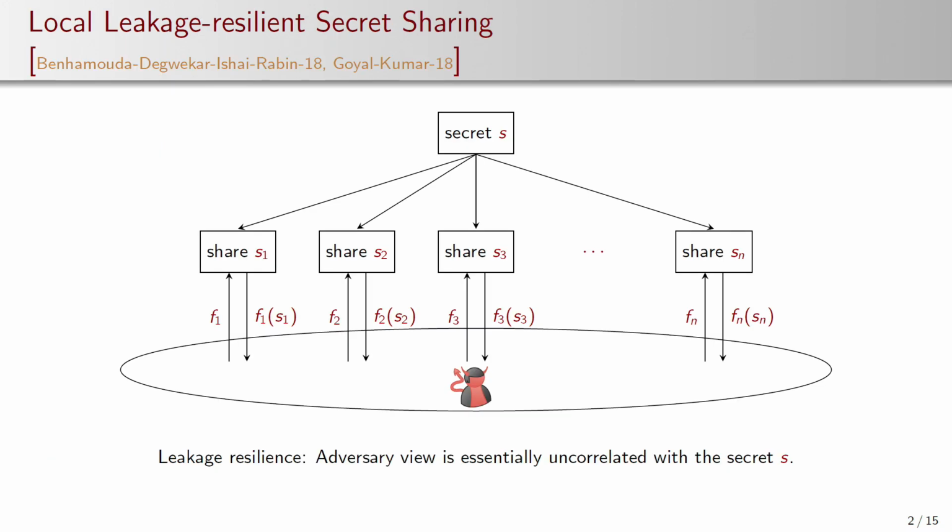To capture that concern, in Crypto 2018, Benhamouda, Degwekar, Ishai, and Rabin formally introduced the local leakage model. In this model, the adversary can get independent leakage from every share. Now, the scheme is leakage resilient if the adversary's view is essentially uncorrelated with the secret.